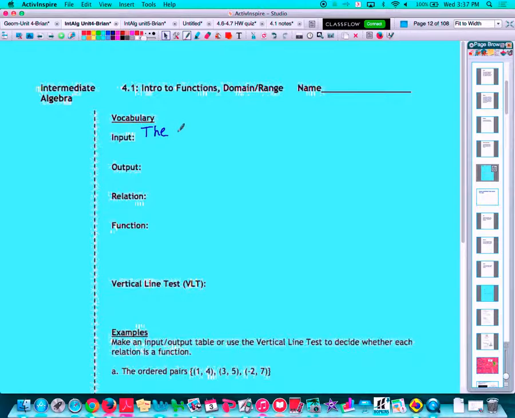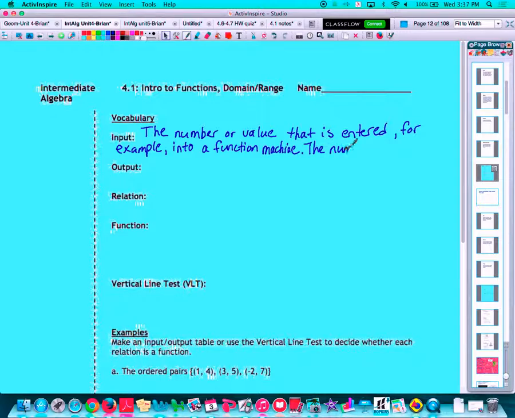So an input is the number or value that is entered, for example, into a function machine. And we'll see that function machine in a little video that we'll look at a little bit later.